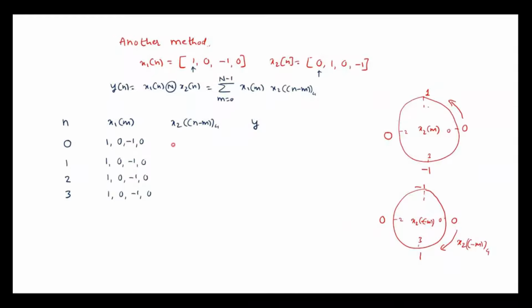So here I can write it as, for 0 it is 0, for 1 it is minus 1. While writing we are supposed to follow the index 0, 1, 2, 3.